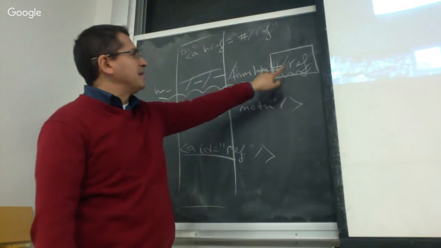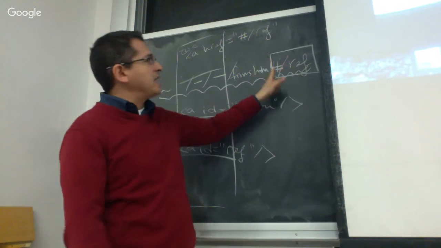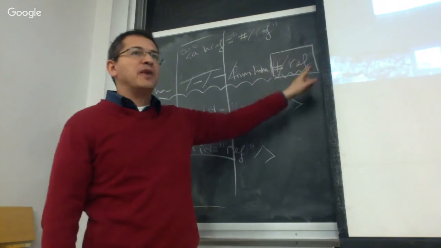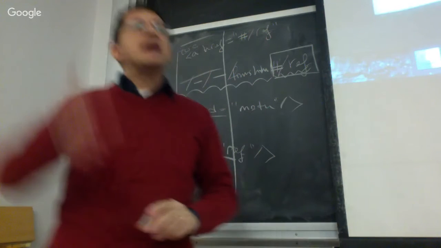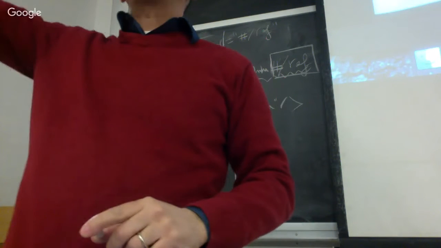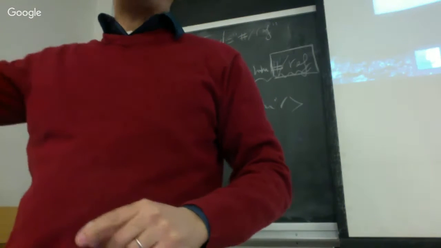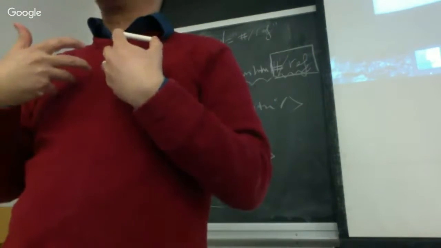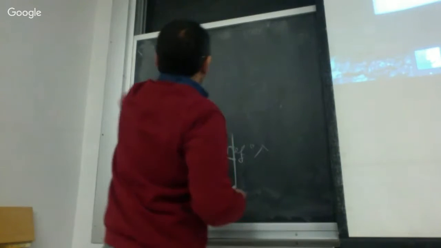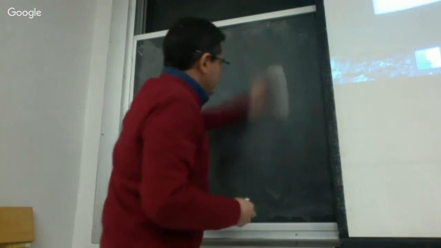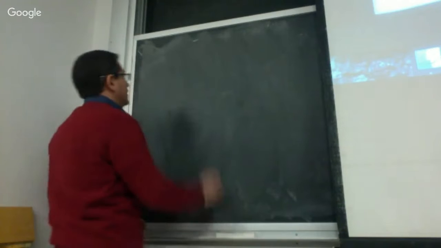This hash might be hash home, hash forms, hash profile, hash admin, hash whatever. And Angular says, as this hash changes, what I'll do is go fetch the HTML that I should put in here.